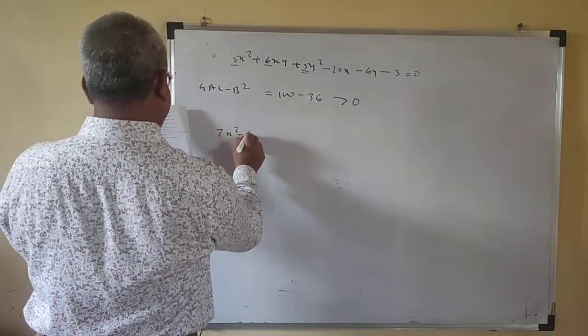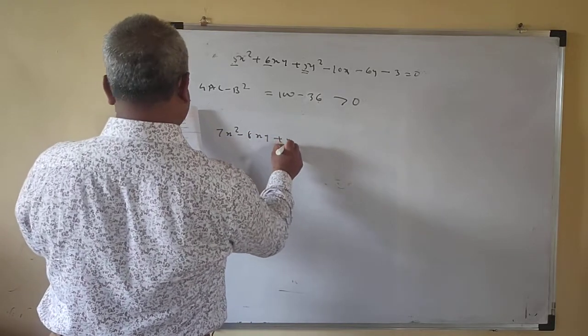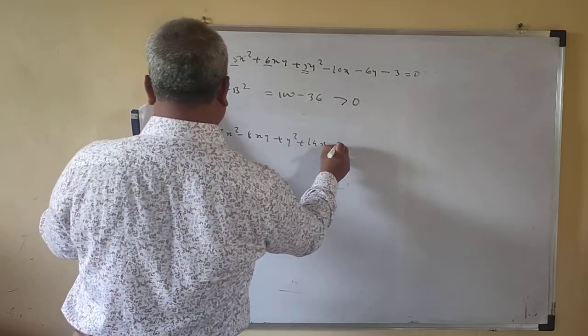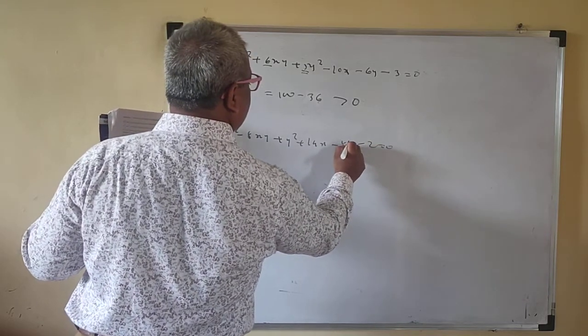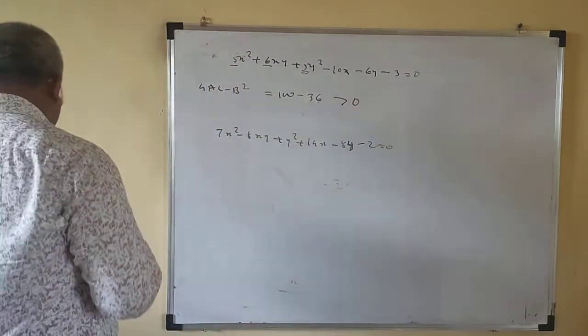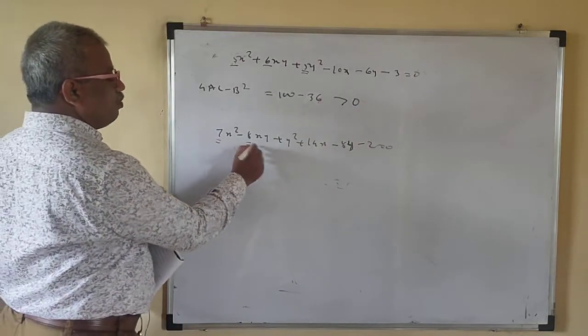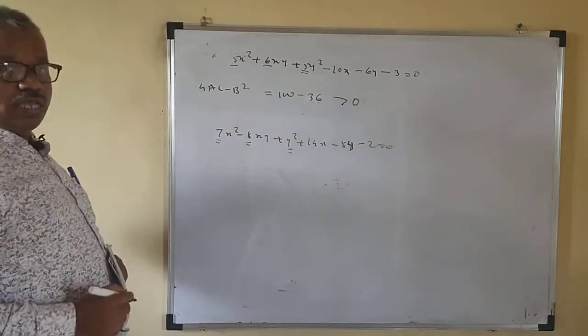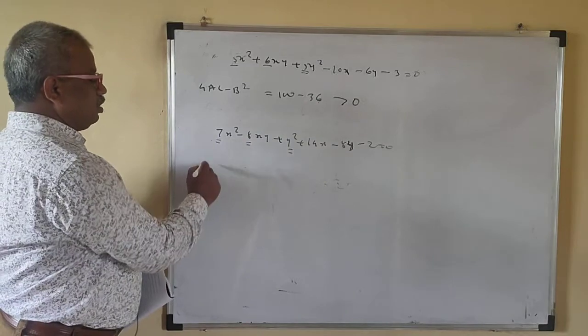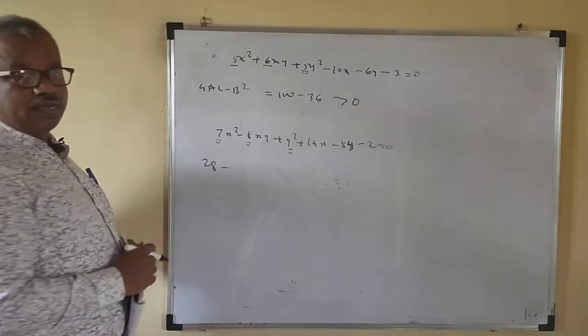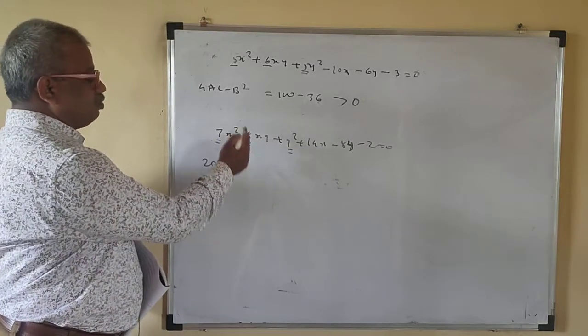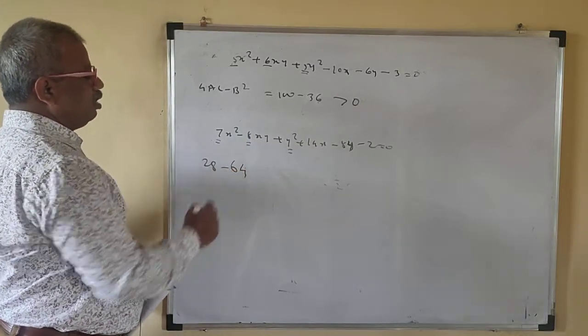Take 7x² − 8xy + y² + 14x − 8y − 2 = 0. This is your A, this is your B, this is your C. Just 4ac: 4ac is 28, minus b², which is 64.